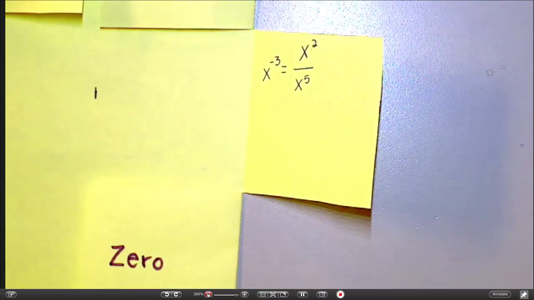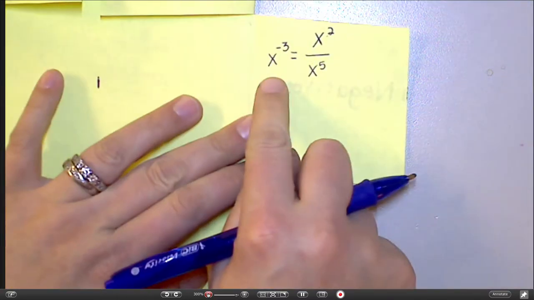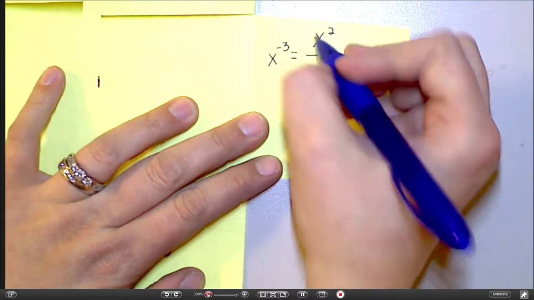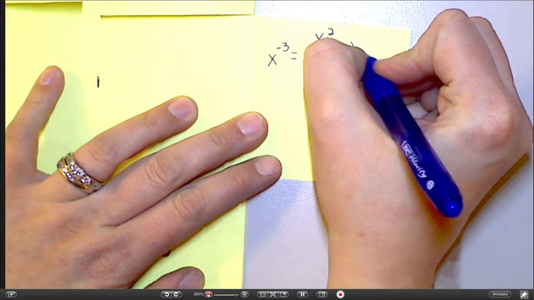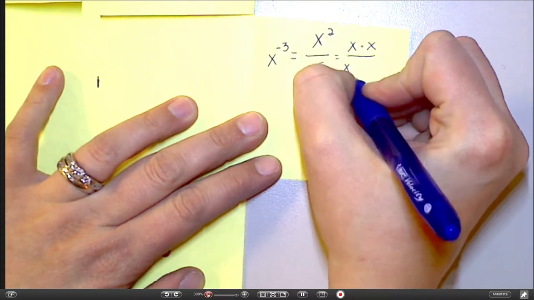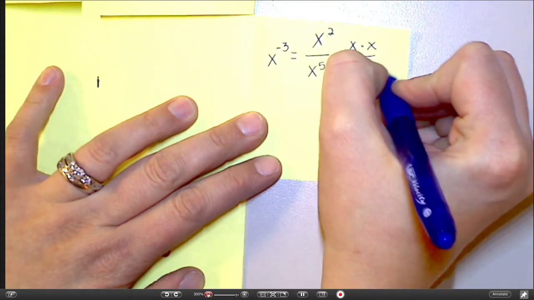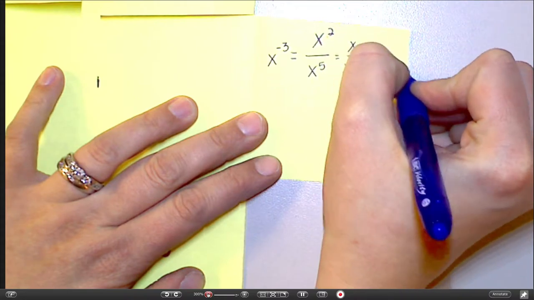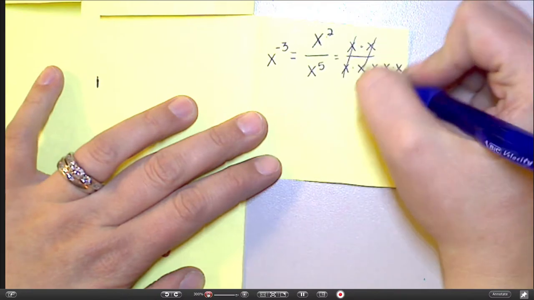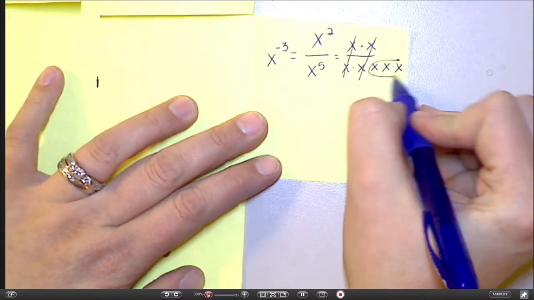Okay, so this is where the negative exponents come in, when you have more on the bottom than you do on the top. Well, let's write this out like we did before. X squared is like x times x. X to the fifth is like 5 x's in a row, all multiplication. And then when you cancel them out, what you're left with is x to the third power.